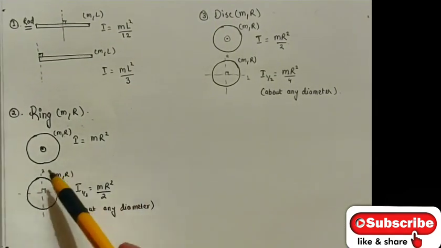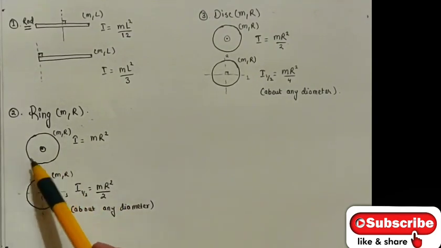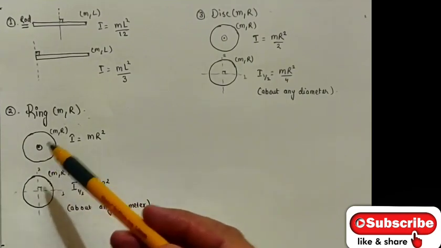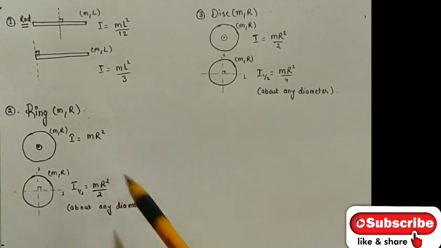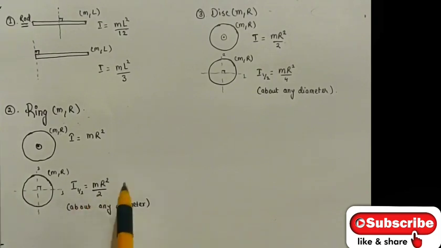For a ring, if the axis passes through the center of the ring and is perpendicular to its plane, the moment of inertia will be mr square. If we have to find the moment of inertia about any diameter, it will be mr square by 2.